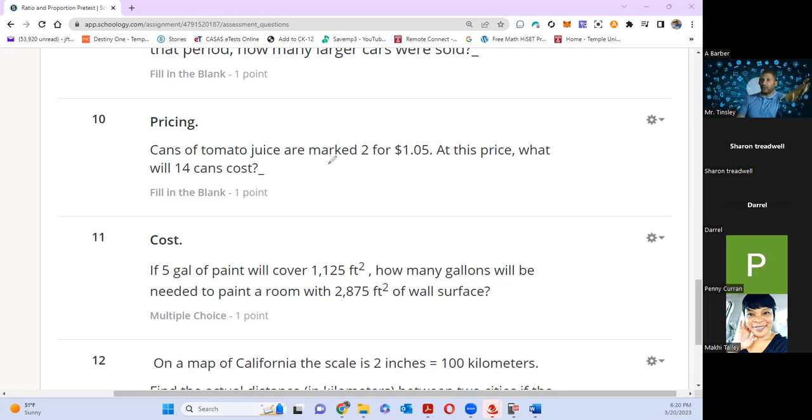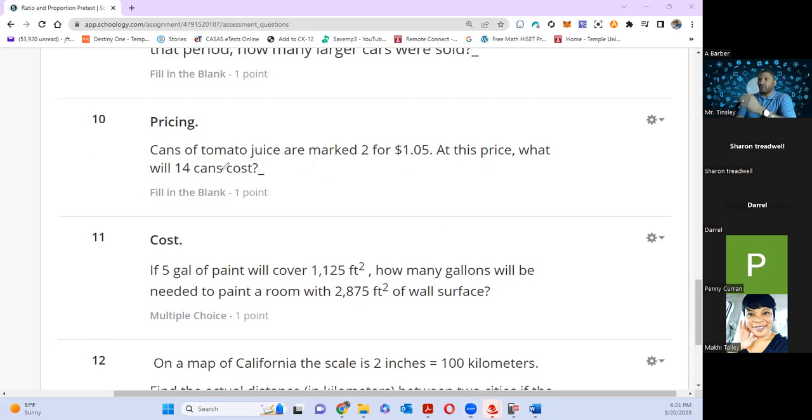So I could do this 2 ways. I could say, okay, equivalent fraction, $1.05 for 2 cans, how much would it cost for 14 cans? Right away, I can see I have to multiply both sides by 7, right? 2 and the 14. So I get $7.35. Okay. That's using equivalent fractions.